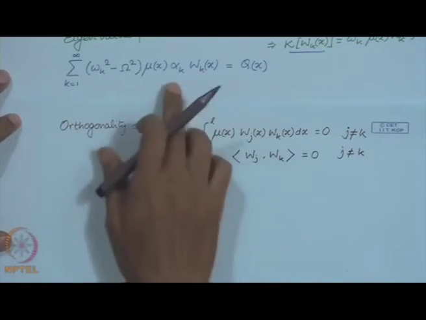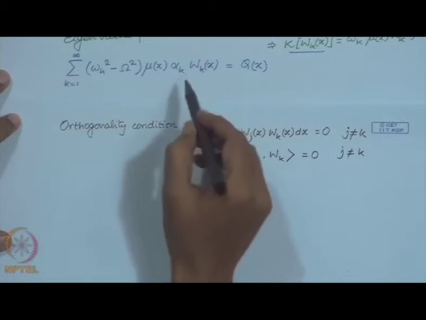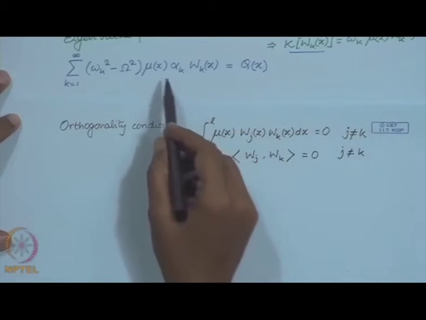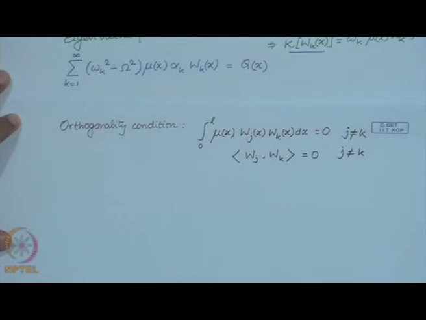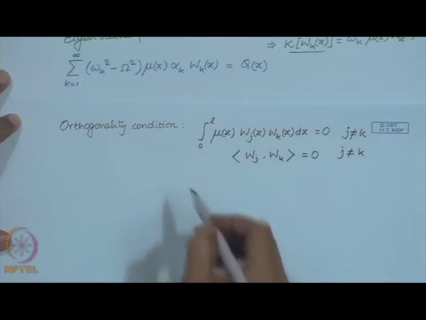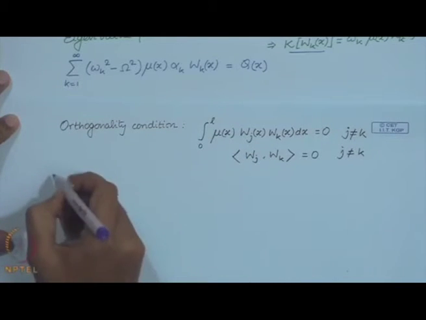To solve for these coefficients, we can multiply both sides with the jth eigenfunction and integrate over the domain of the problem.